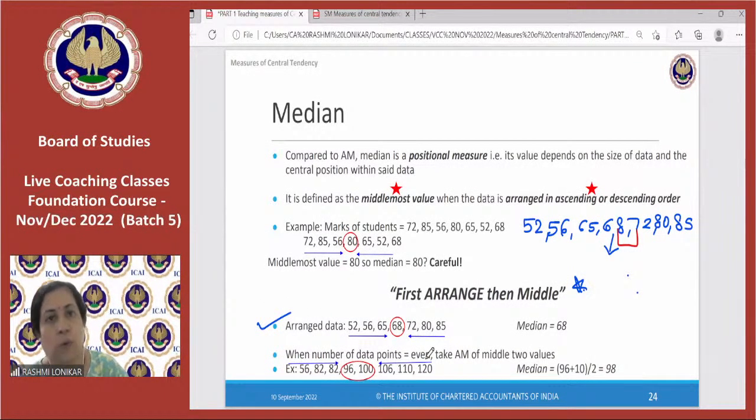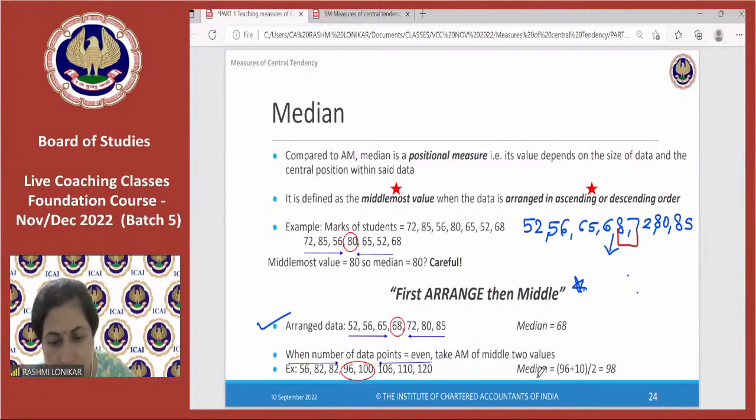Now this happens when the total number of observations is odd. What happens when the total number of observations is even? So that instead of 7, say maybe I have 8, 10. Then I can't find one middle number. There will be two numbers which will be in the center. In the other example that I have taken, I have shown you that 96 and 100 are the central values. But we need one value.